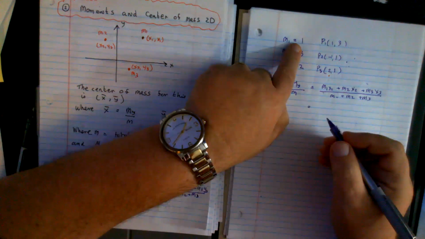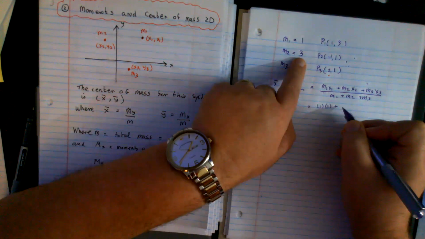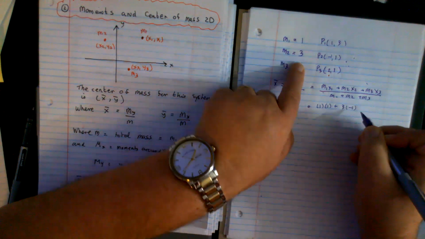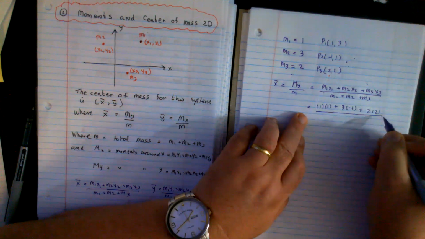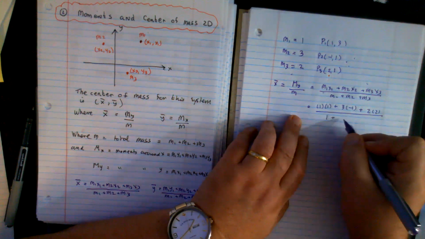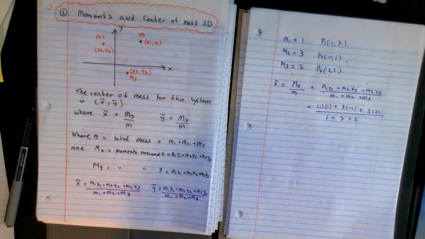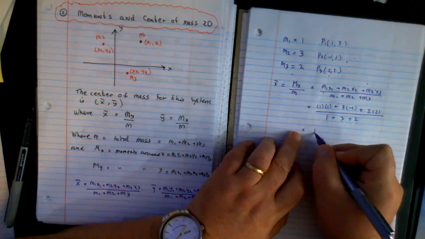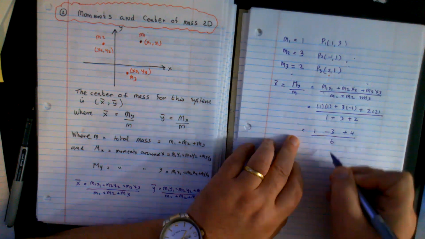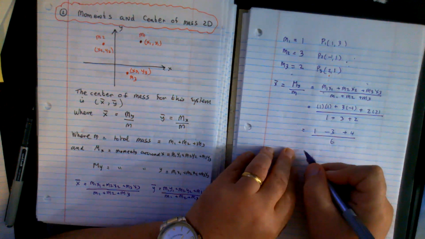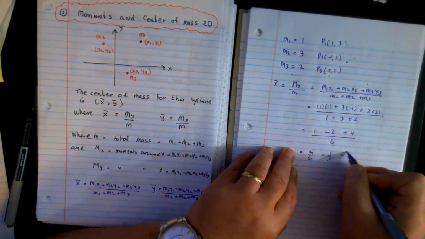So 1 times 1 plus 3 times -1 plus 2 times 2 over 1 plus 3 plus 2. So I get 1, take away 3, add 4 over 6, which becomes 2 over 6, which gives me an X bar of 1/3.